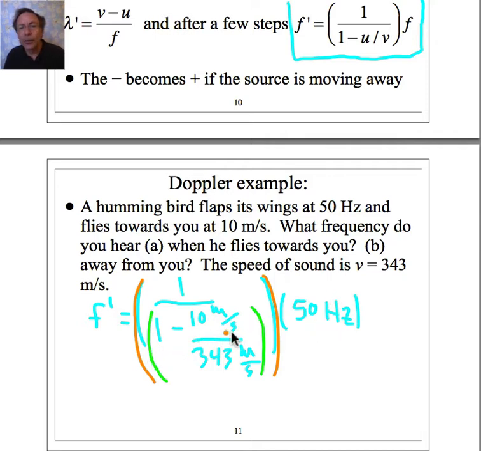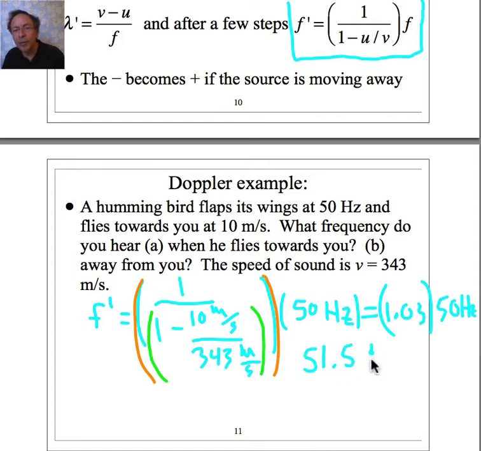Anyhow, when you do this, all of this stuff here works out to be 1.03, and that multiplies the 50 hertz, and you get a final answer of 51.5 hertz.